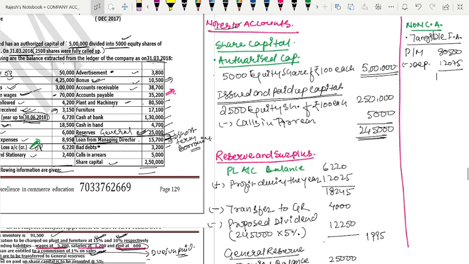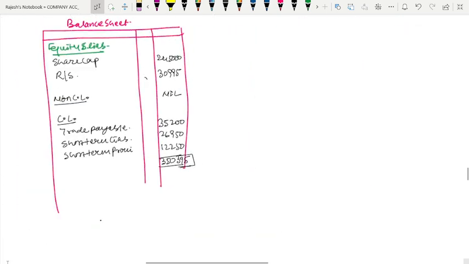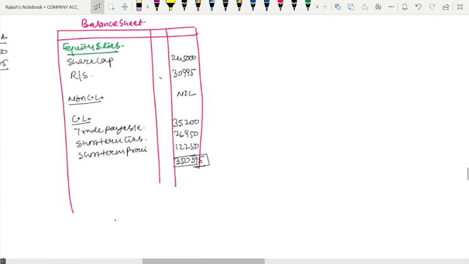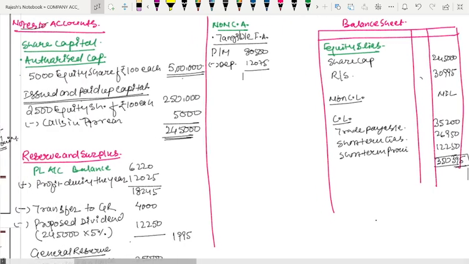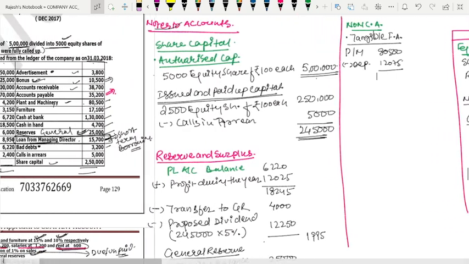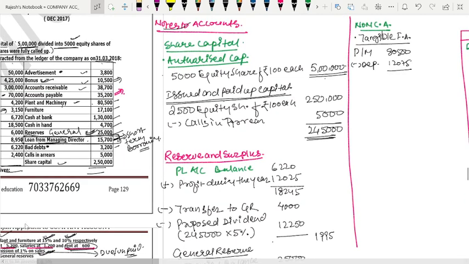Furniture is 17,100. This will become 17,100 minus depreciation 10%, 1,710.